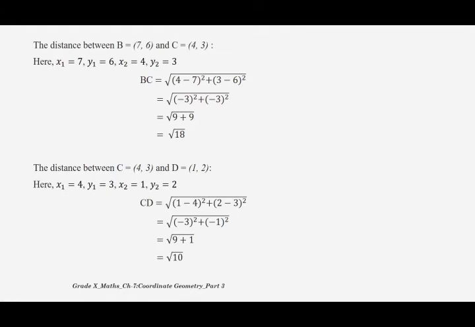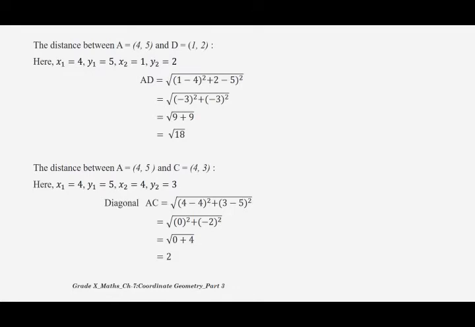Similarly, we find the distance between B and C and we get the answer as root 18, and the distance CD is root 10. Continuing the same way, we find the distance of the fourth side AD to be root 18.